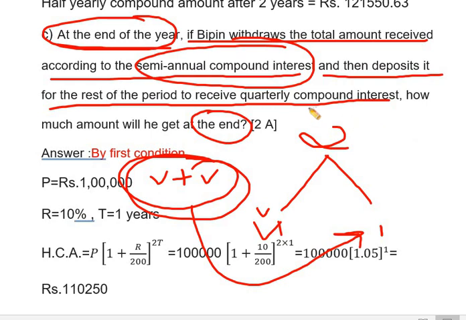At the end of 2 years, how much amount will Bipin receive?